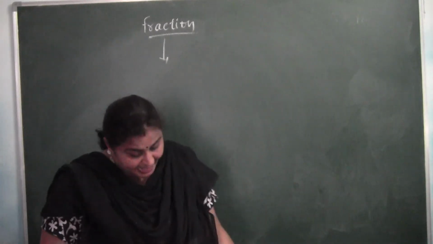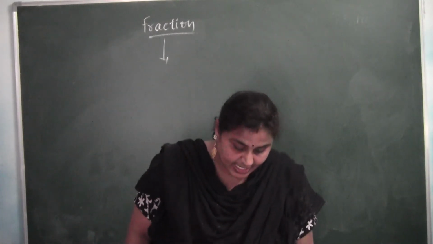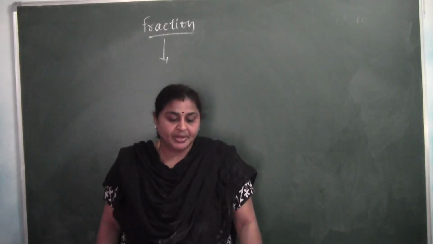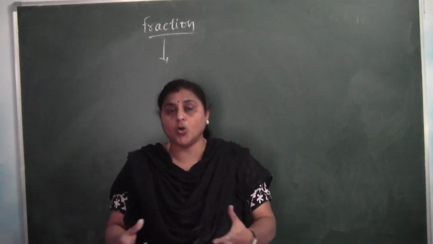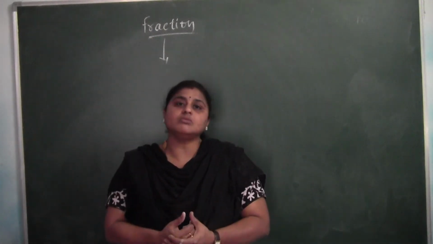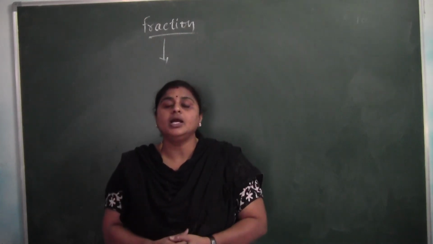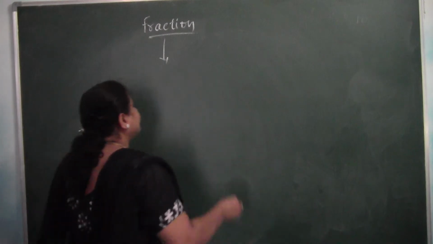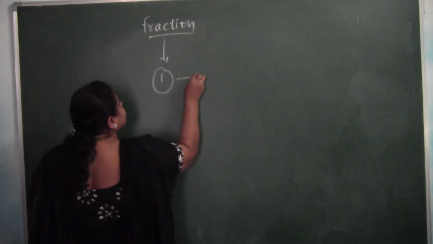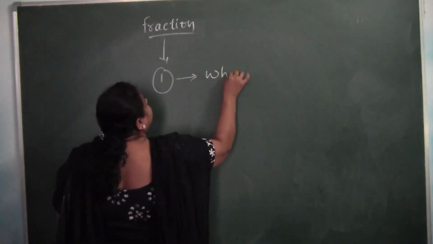So if you see your page number 56, you have fill in the numerator to make a whole. So how to make a fraction into a whole? What do you mean by whole in a fraction? 1. Whatever the number 1 is called the whole in a fraction.